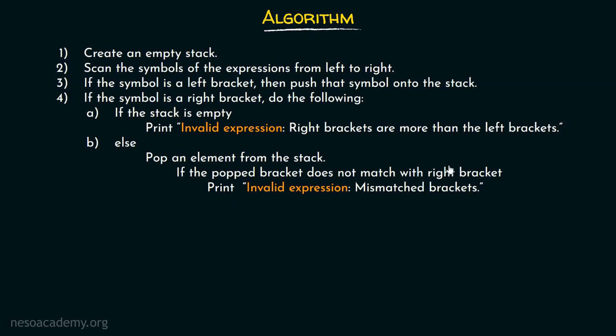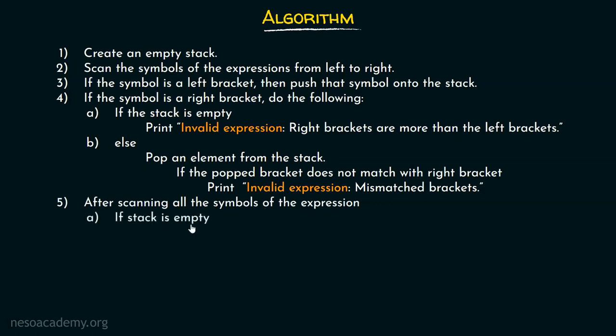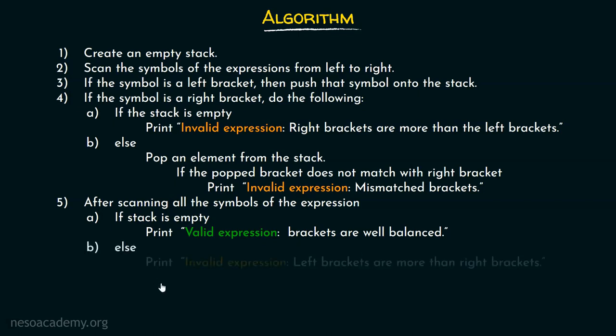If it is not the case, then we'll continue to scan the symbols of the expression from left to right. After scanning all the symbols of the expression, we must check whether the stack is empty or not. If the stack is empty, then print valid expression, brackets are well balanced. Otherwise, we must print this message: invalid expression, left brackets are more than right brackets.